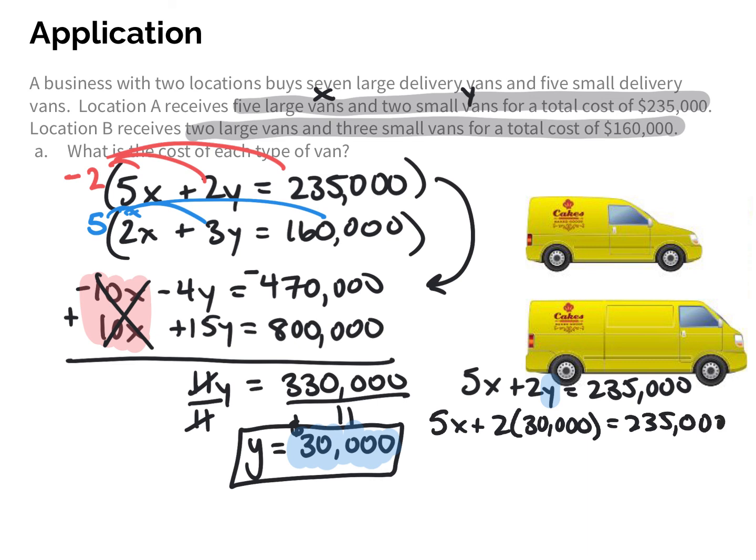Multiplying 2 and 30,000, I get 5x plus 60,000 equals 235,000. Running out of some real estate here. I'm then going to subtract 60,000 from both sides. That's going to cancel here.